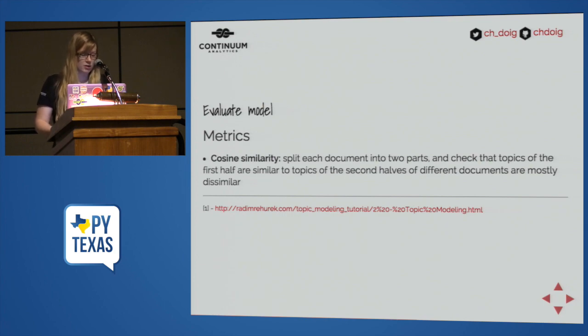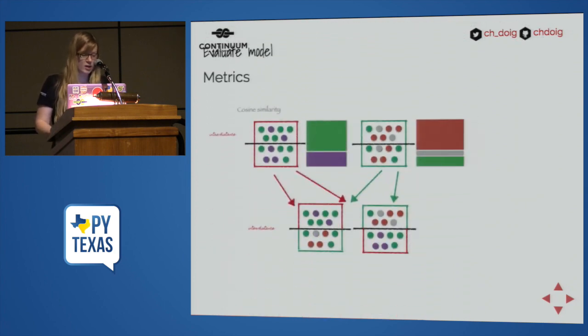One of them is called Cosine Similarity, and what it does is compute two distances. One is called the intradistance, and the other one is called the interdistance. So, given a distribution of topics per document, we split the document in two halves.